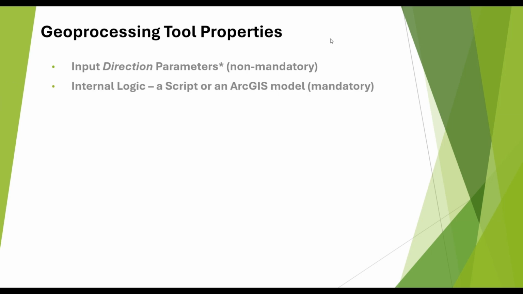They of course have their internal logic. In a custom geoprocessing tool, this is a script or an ArcGIS model. And then you can set output parameters on them. You particularly want to do this for a custom geoprocessing tool you want to reuse, so that, say, if you use it in an ArcGIS model, the next stage in the process can get its hands on the output.